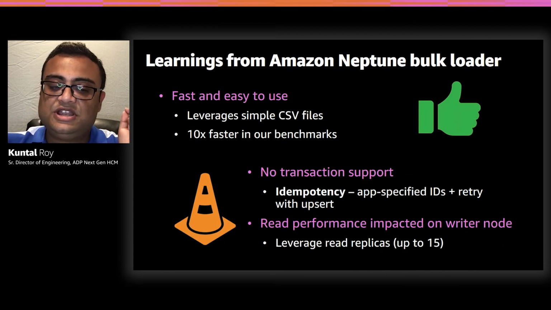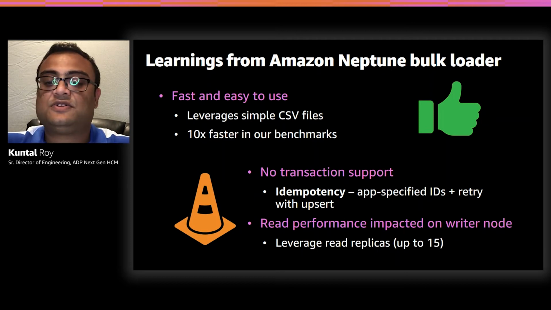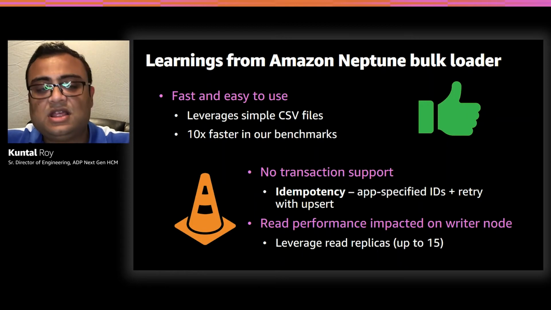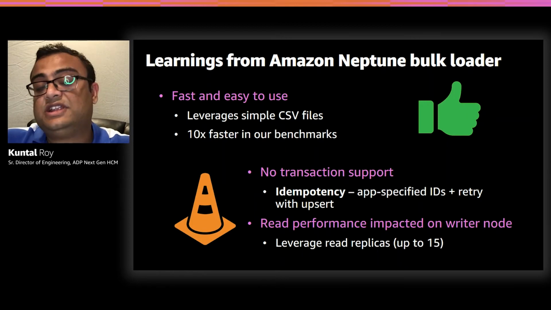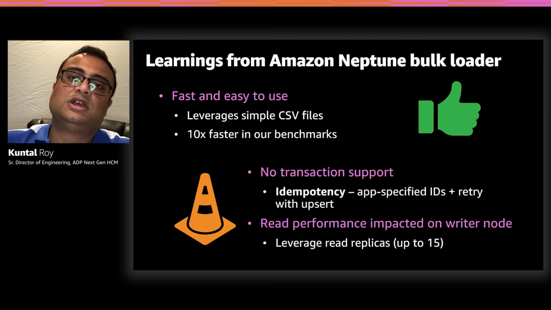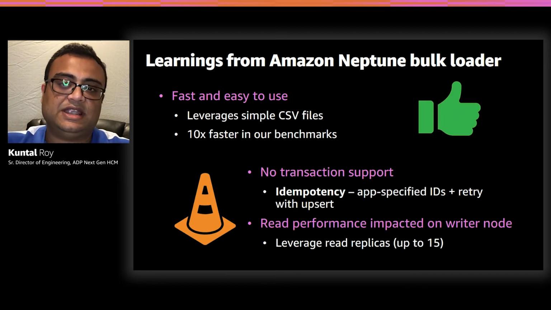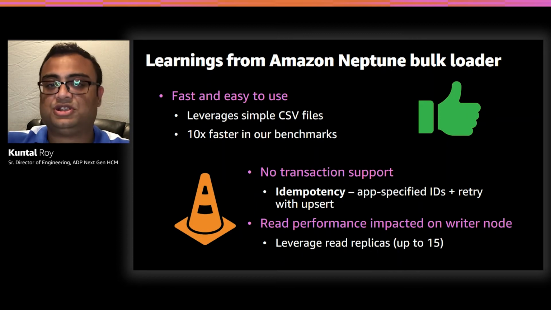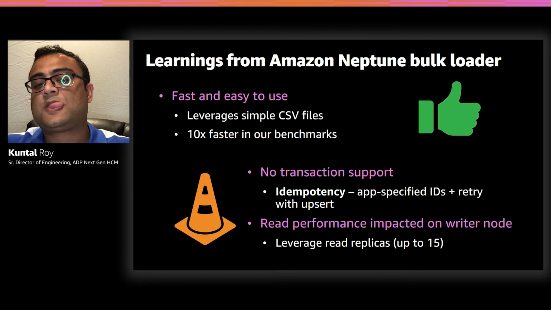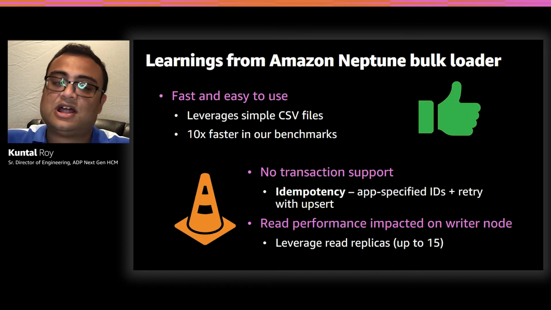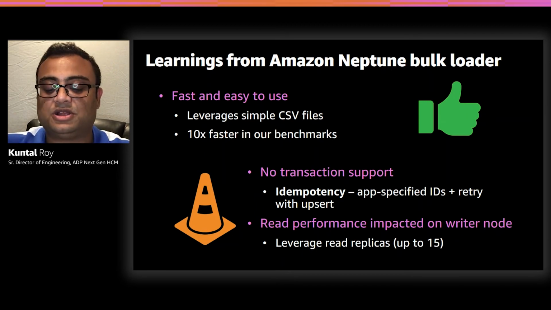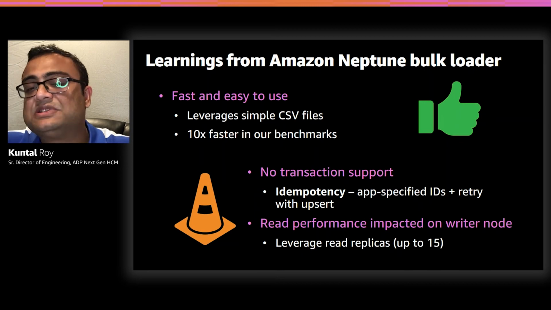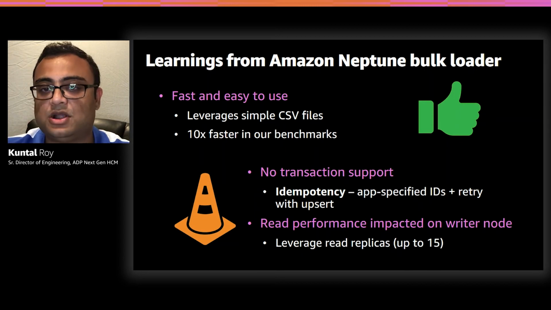What we learned during our initial POCs is that there would be situations where the writes will fail, and what we did is use our application-specified IDs and retry the bulk operation with upsert. That way, even if it fails, you can still do an upsert, and the retry of the bulk loader becomes a safe operation. You can retry it multiple times.